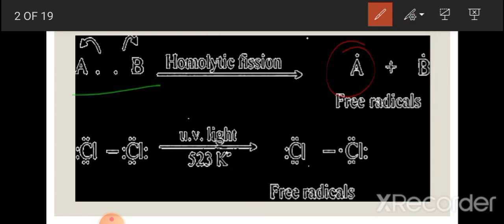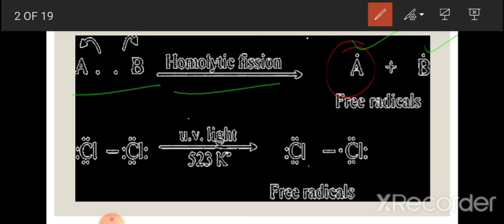A and B each have one electron which was used in making the covalent bond. When homolytic fission is occurring, one atom takes one electron, the other atom takes one electron. Thus, movement of a single electron takes place instead of an electron pair. So each atom has one electron of the shared electron pair.